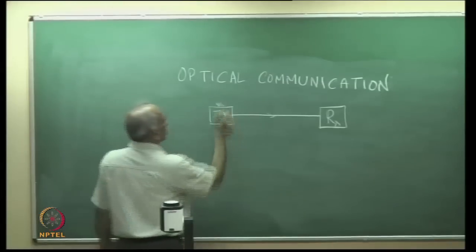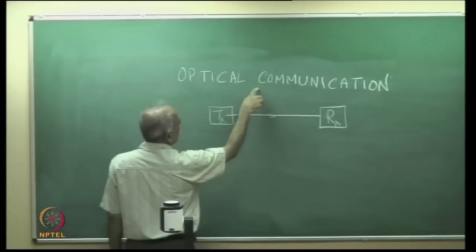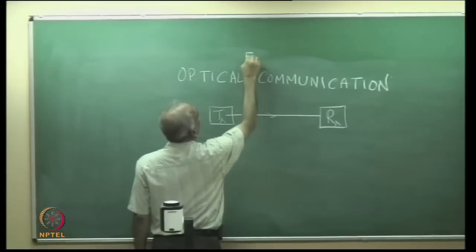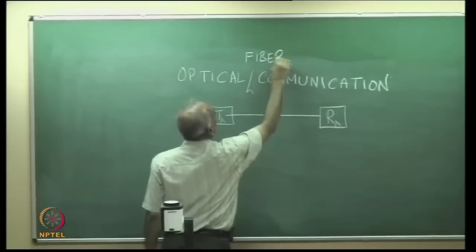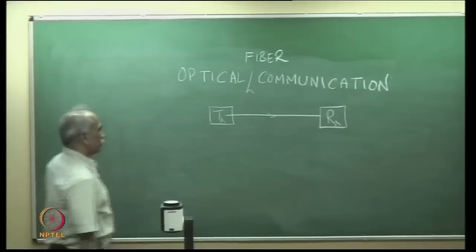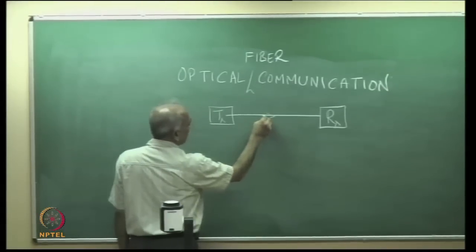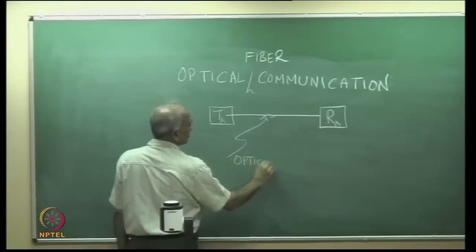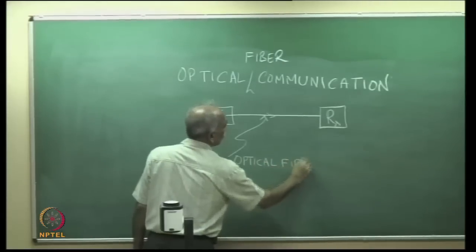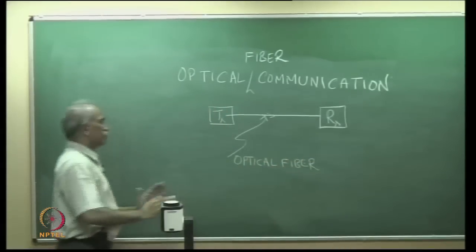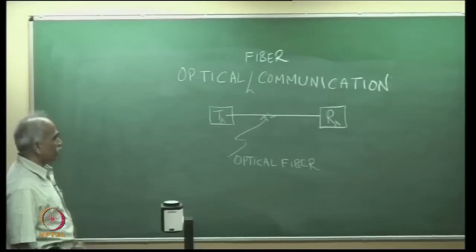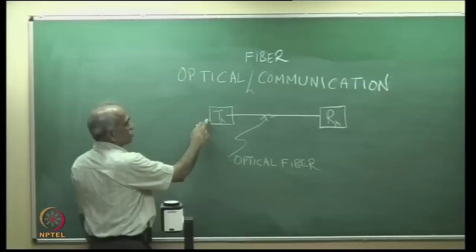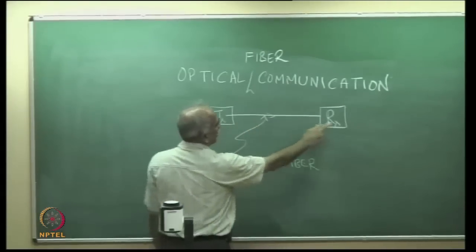If I consider optical fiber communication, then you have a transmitter and the medium is an optical fiber. We will not go into the details now, but a simple optical fiber communication link has a transmitter, an optical fiber and a receiver.